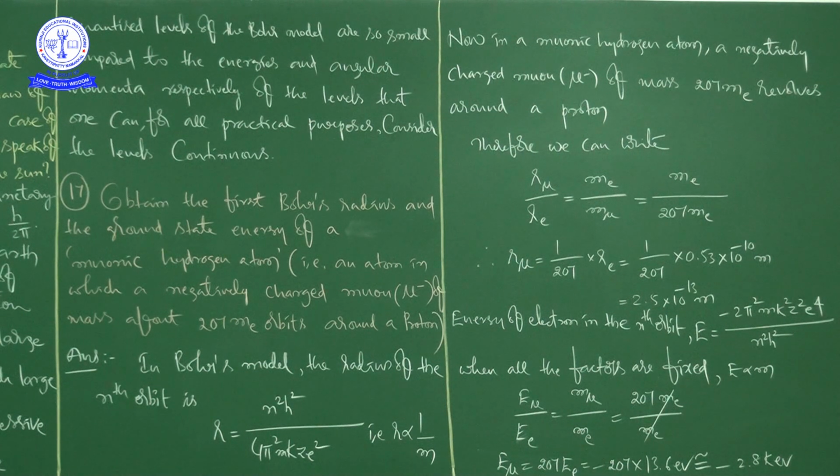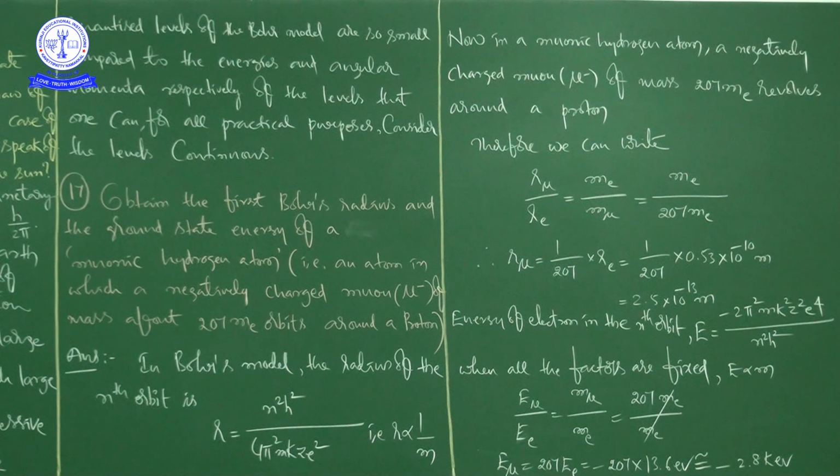When we discussed the theory, we derived this formula also, so we are writing it here as it is. The radius of the nth orbit is r = n² h² / (4π² m k Z e²).